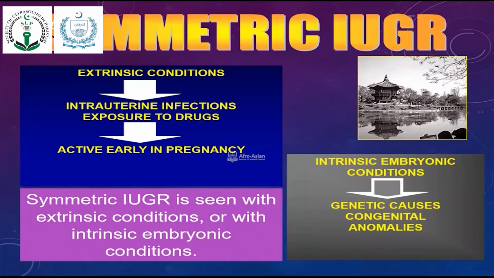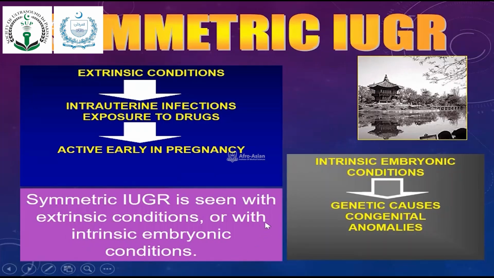In symmetric IUGR, we can have intrinsic conditions, intrauterine infections, exposure to drugs active early in pregnancy. Symmetric IUGR is seen with extrinsic conditions or with intrinsic embryonic conditions.